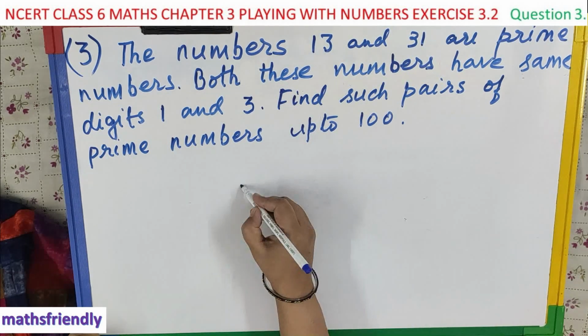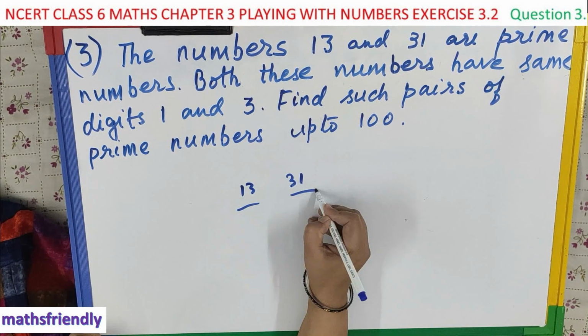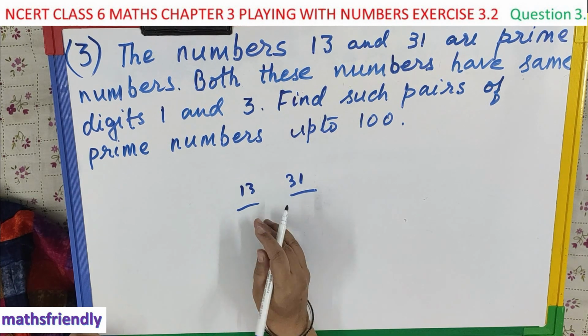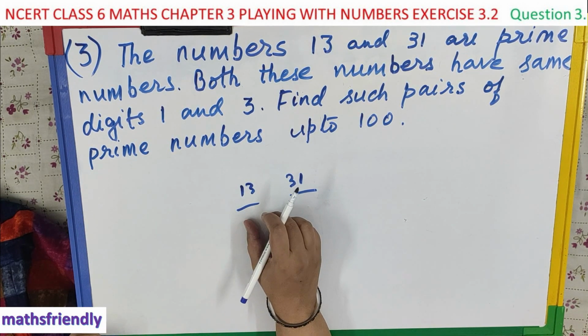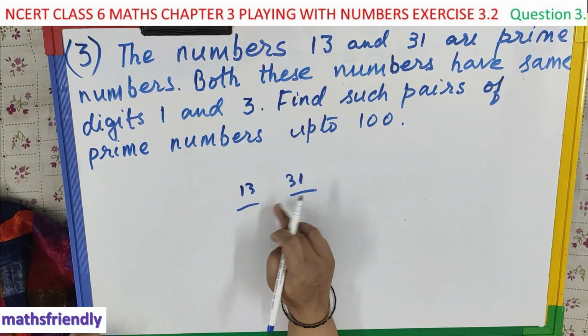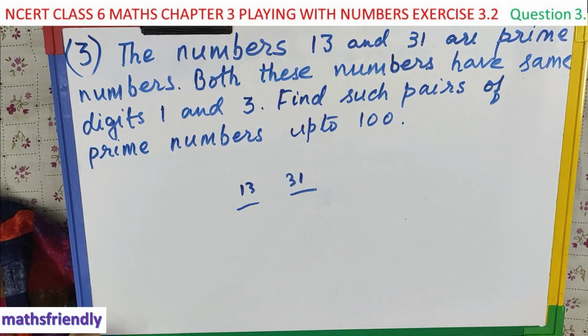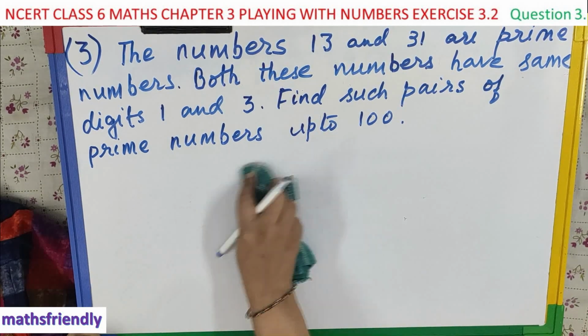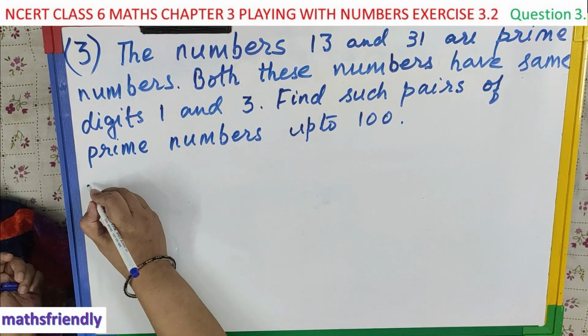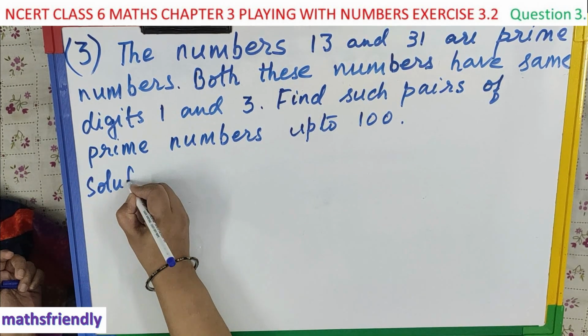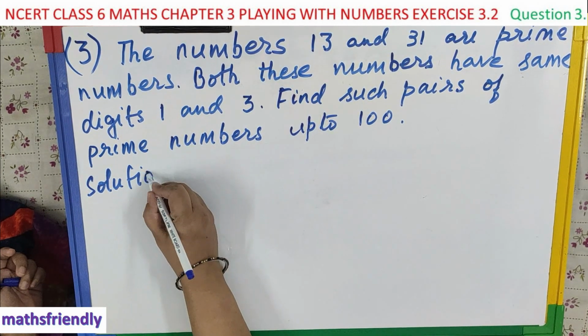Like 13 and 31 are prime numbers with the same digits, but reversed in the two numbers. Now we will do the solution of this question.